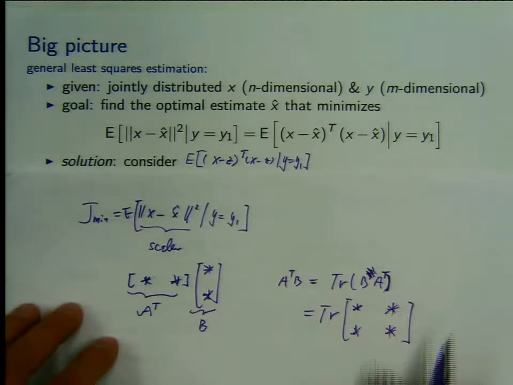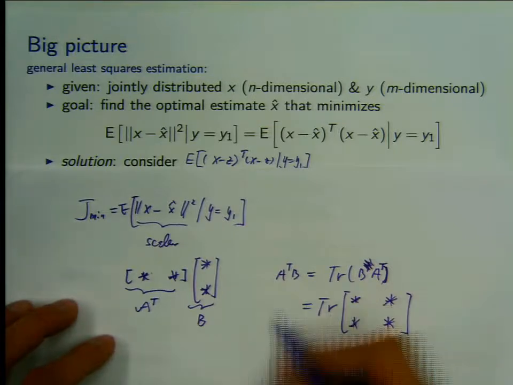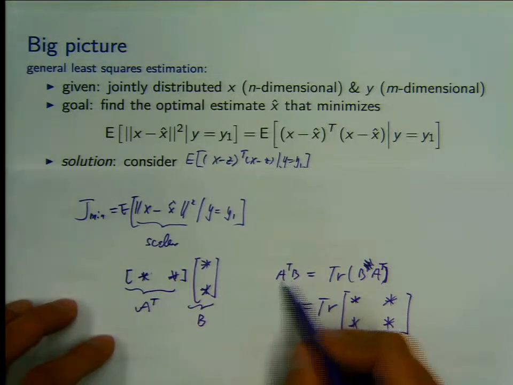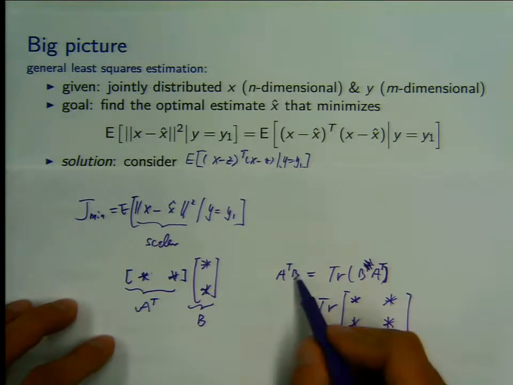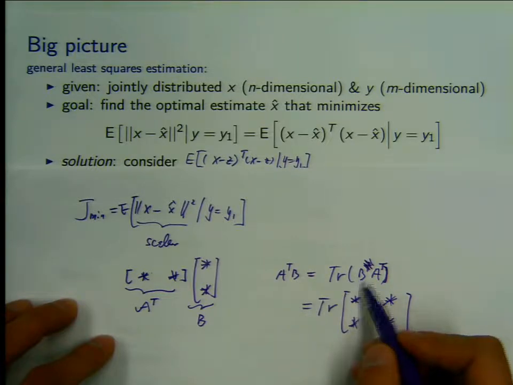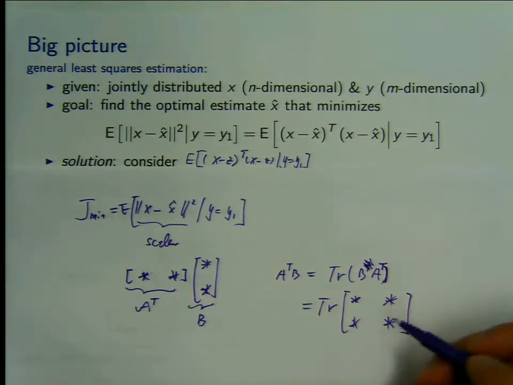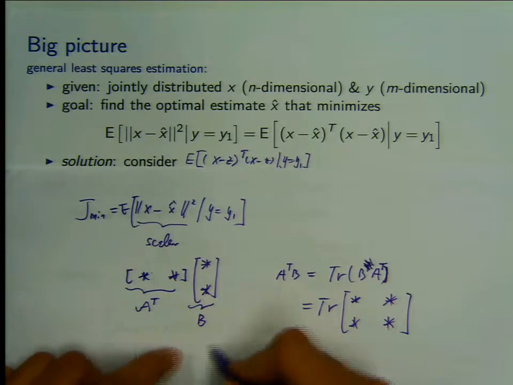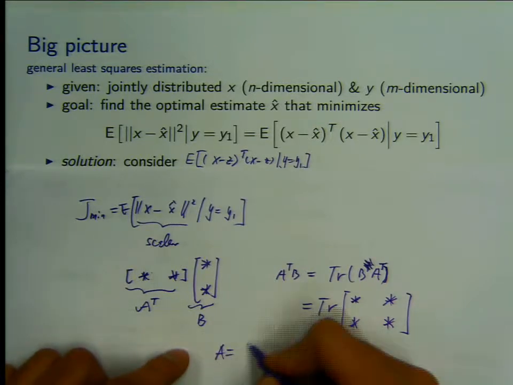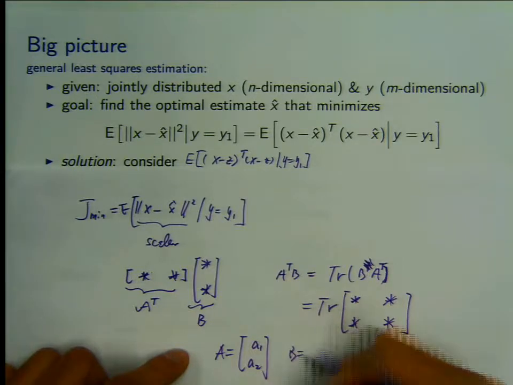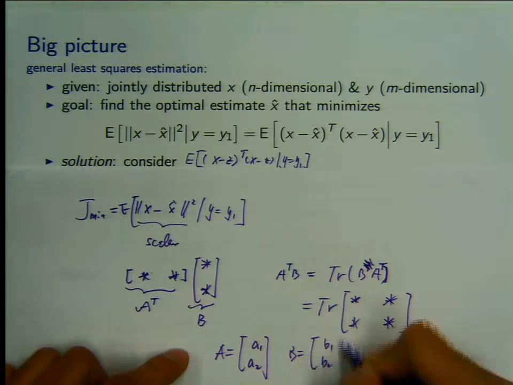You can verify this result. This is in general true. If A is a vector and B is a vector, A transpose times B equals trace of B times A transpose. You can verify, for example, with A equals A1, A2 and B equals B1, B2.